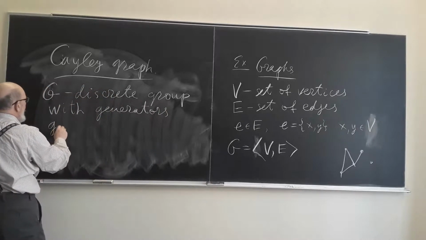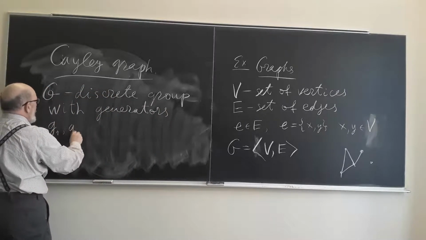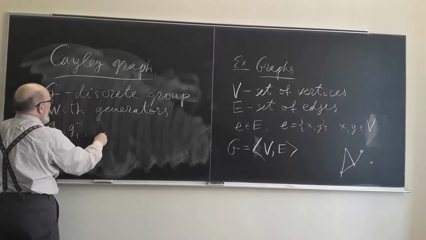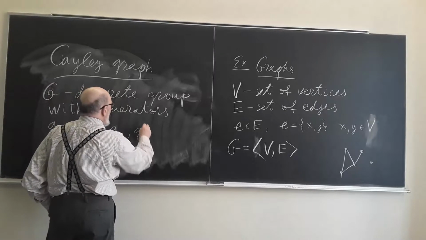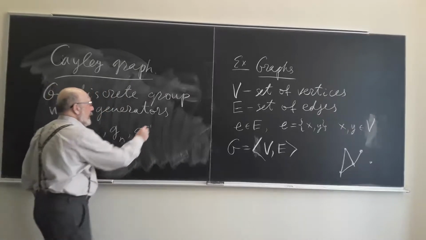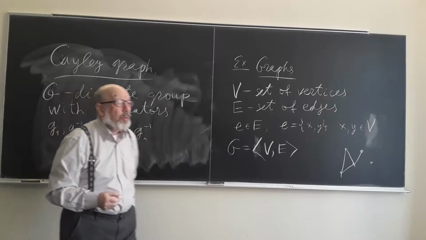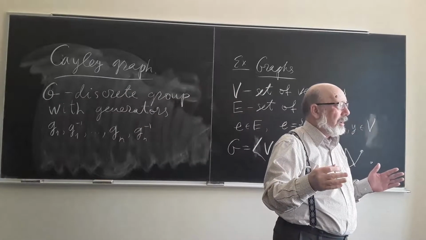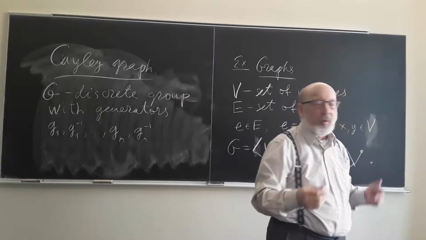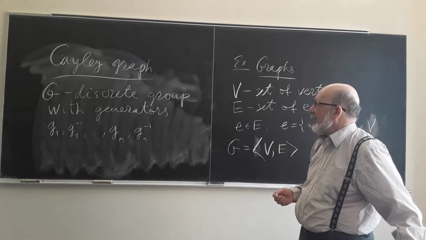say g1, g1 minus 1, gn, gn minus 1. So any element of the group can be represented as a finite product of these generators.